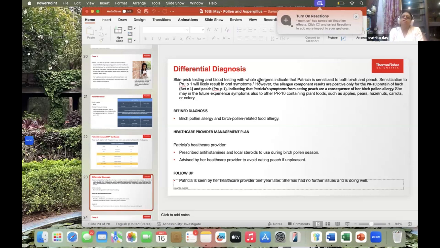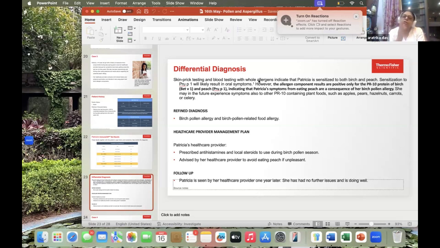The most important advantage of CRD technology is that we know exactly which component of the molecule is responsible for the clinically significant parameters that we see.